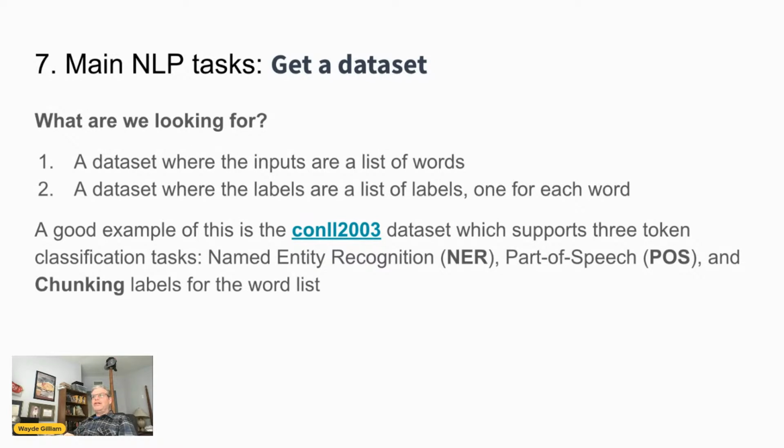So you can use that one dataset and play around with all three of those sub token classification tasks. The big thing to remember here is that the inputs should be a list of words. Instead of getting some raw text or a text pair, in token classification, when we're building a model, we want to work against a list of words.